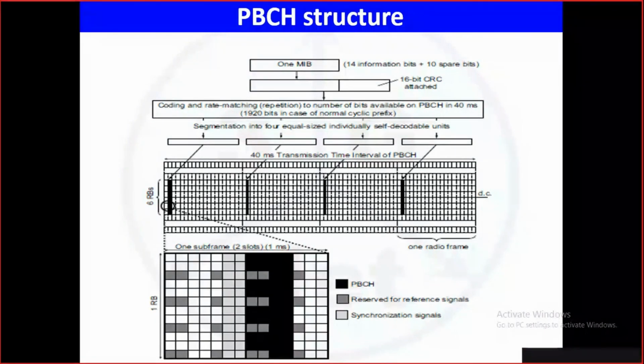Some figure, right? And minus the reference signals. These are reference signals. Your 320 symbols will exactly fit. And that is why it requires 6 RB. It cannot be accommodated in 1 RB.